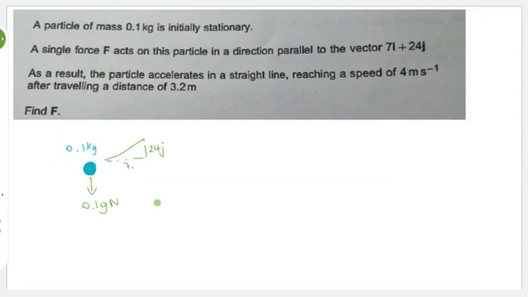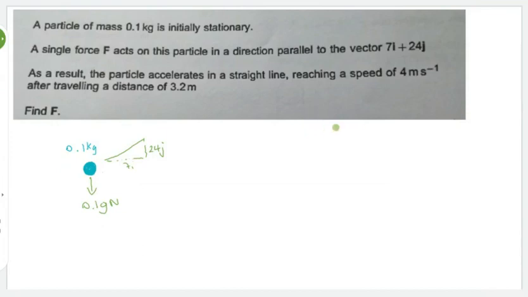As a result, the particle accelerates in a straight line, reaching a speed of 4 meters per second. It's initially stationary. So what we can do is work out the acceleration with SUVAT, and then use F equals ma.